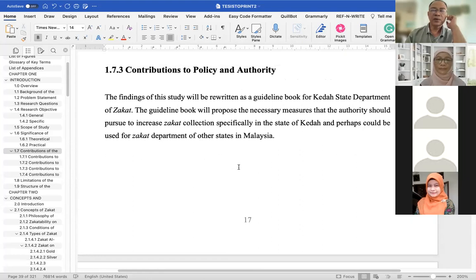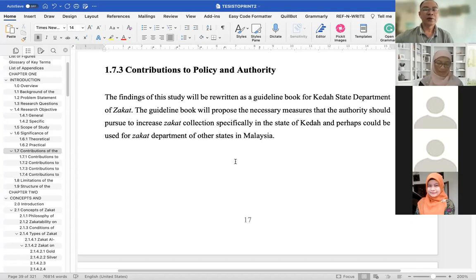Maybe the findings of your study will contribute to policy makers. Maybe they can use your findings to plan, strategize, and implement new policy or new strategies or new measures. Maybe it can contribute to practitioners.